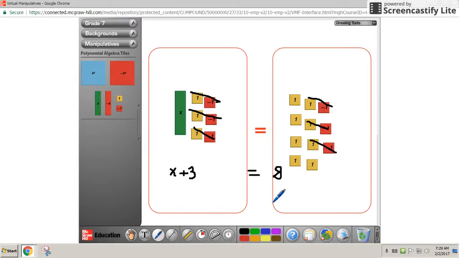So with our equation here, what would we write to show that we're adding 3 negatives to this side? So what we're going to do is right underneath this, we are going to show adding 3 negatives just like that. And on this side, we're going to show adding 3 negatives.